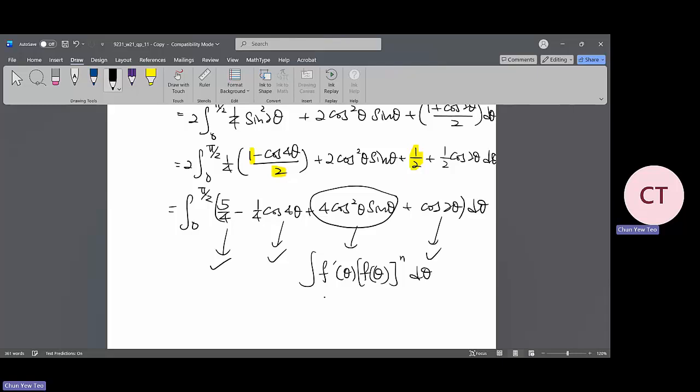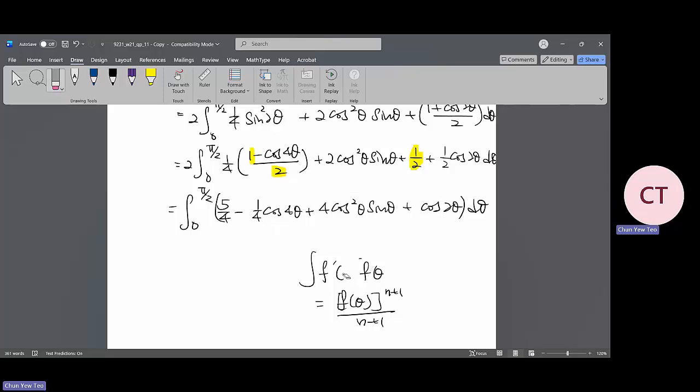Okay, so if you integrate them, you will get f theta power n plus 1 over n plus 1. Okay, so you can see that just now the form we copied down is already there, so we don't need to change anything. So now we are ready to integrate.